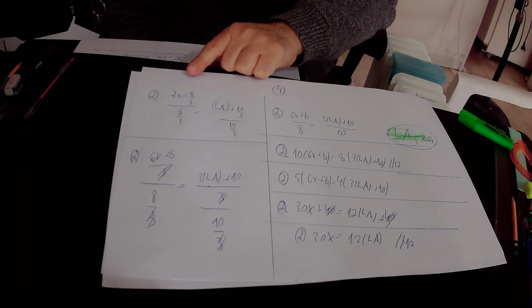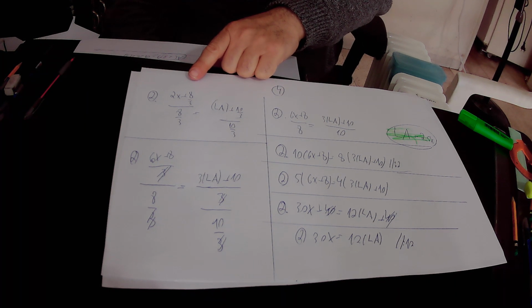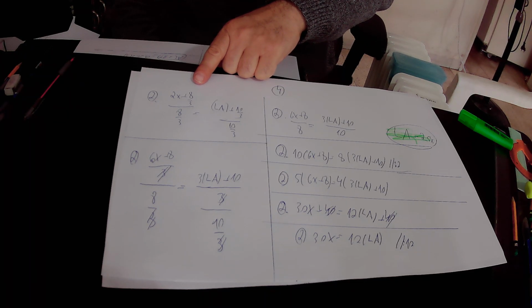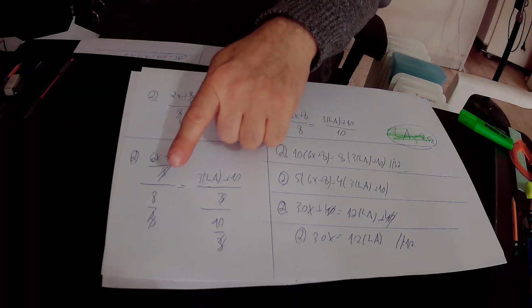So on this side of the equation, we have 2x plus 8 over 3. So we multiply 2x by 3 and then we divide it by 3 in order to have a common factor with 8 over 3. So 2x times 3 is 6x. So in total, in the numerator of this expression, we'll have 6x plus 8 divided by 3, and we have to divide it also by 8 over 3.